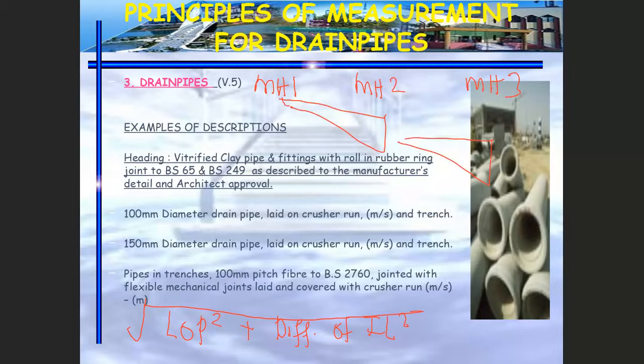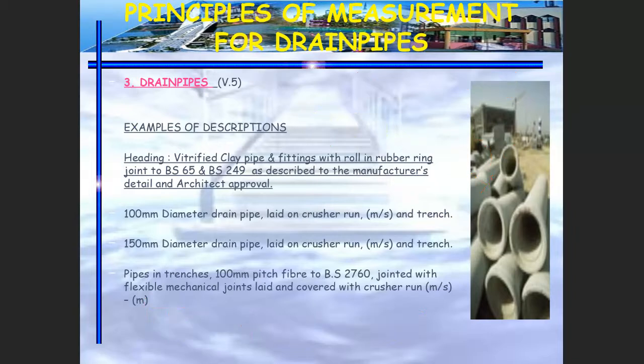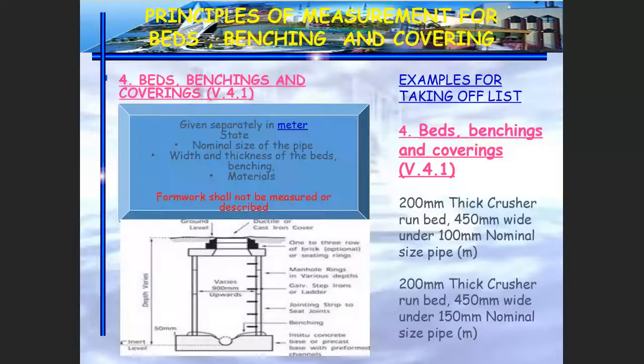For example, the first one is X, the second one is Y. The difference between the height of invert level in manhole number 2 and manhole number 3 has to be measured again in order to get the length for Y. Okay, so as the conclusion for the first part, the drain pipe length is similar to the length of beds, benching and covering because it follows the same thing. Okay, so that is the discussion for the first part.